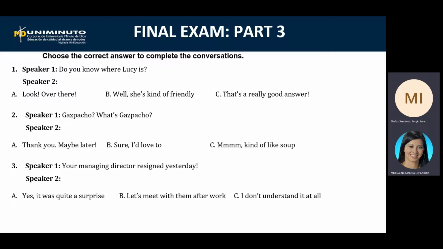The diagnosis test? Yes, for the diagnosis, but they just told me that I have to take English level 2 and 3. Okay. But did you take the other test, the Saber Pro exam or something?